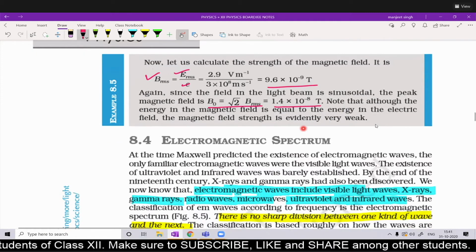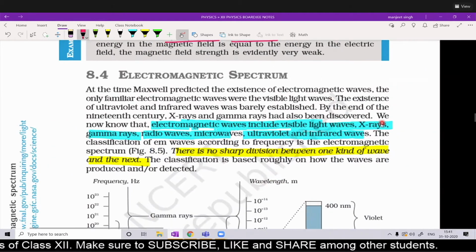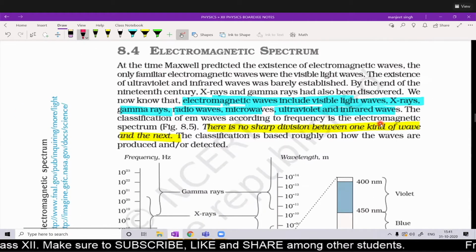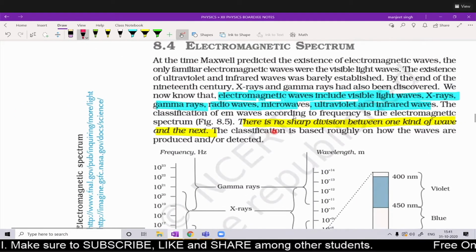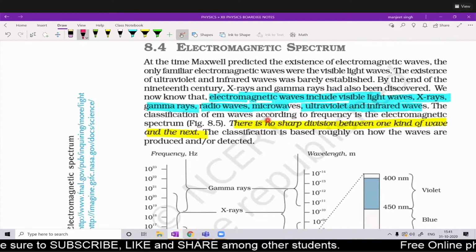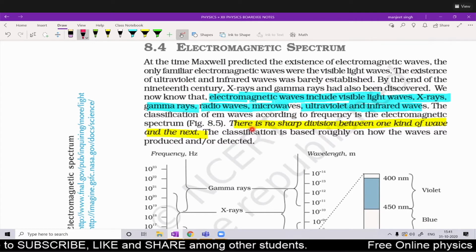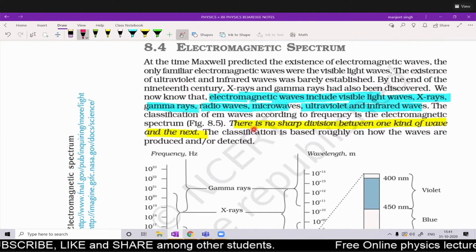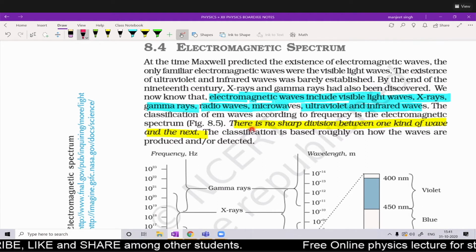So let us discuss the electromagnetic spectrum. The electromagnetic spectrum is spread in the whole universe, even in the dark. Dark means the blackish experience in which we cannot see anything.